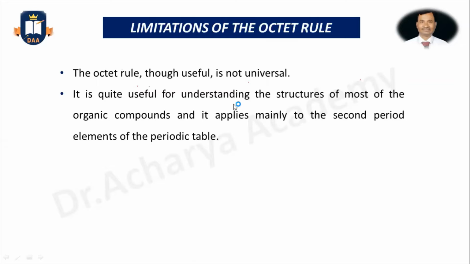In the second period, it starts from group 1, the element lithium, and the extreme right side, group 18, is neon, and group 17 is fluorine. So this octet rule is mainly useful for molecules related to the second period elements of the periodic table.